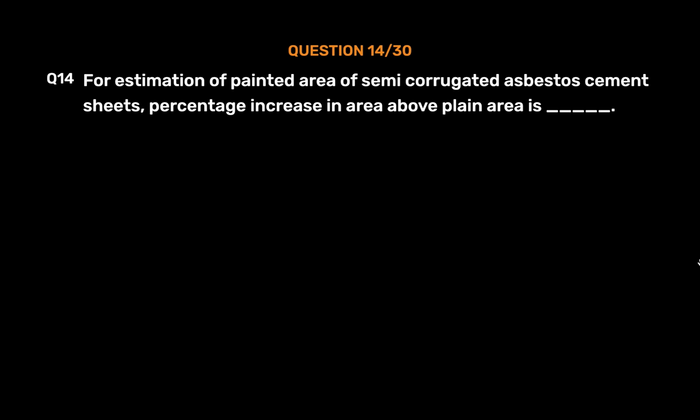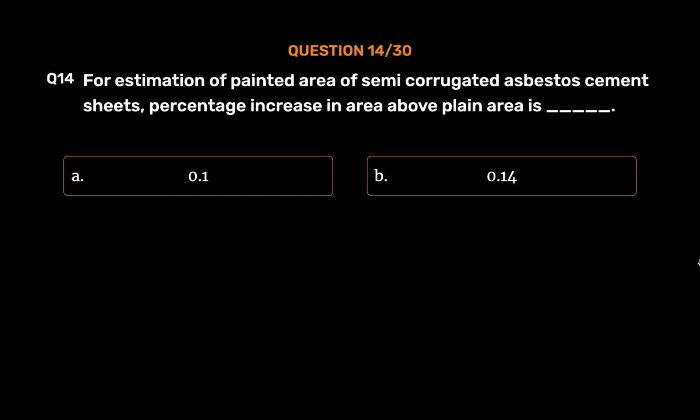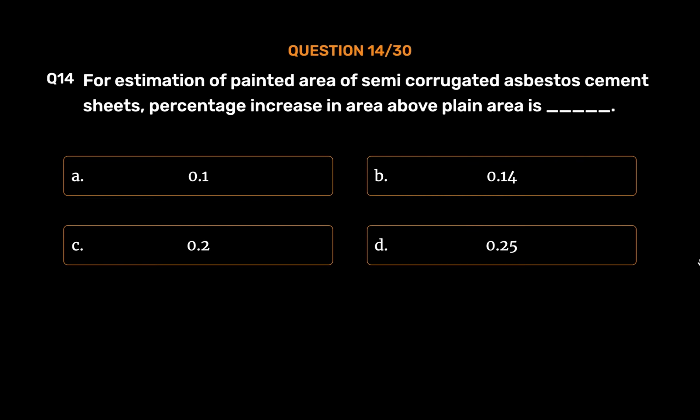Question number 14. For estimation of painted area of semi-corrugated asbestos cement sheets, percentage increase in area above plane area is underscore. Option A, 0.1. Option B, 0.14. Option C, 0.2. Option D, 0.25.